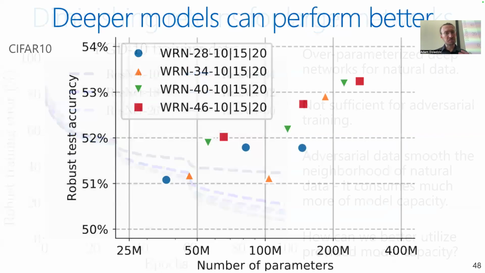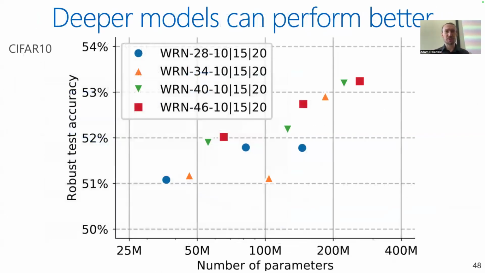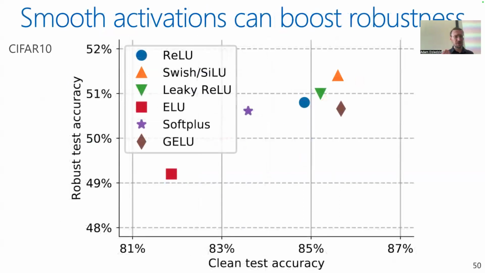We also saw other choices for how to make models robust. For example, here we showed that this wide ResNet with 46 layers is more robust than the model with 28 layers, right? So you might also just choose a different architecture, not only change how many parameters.